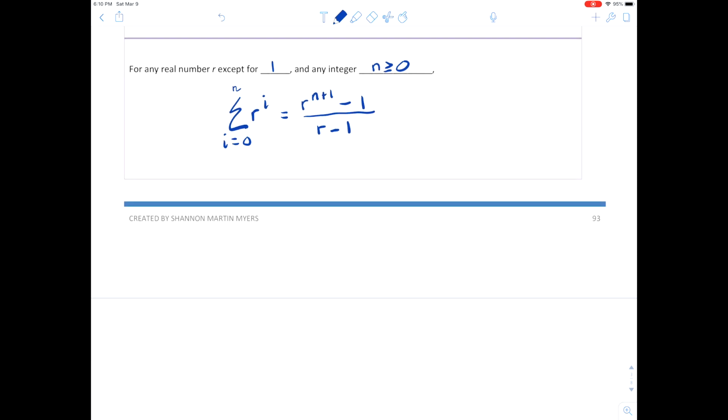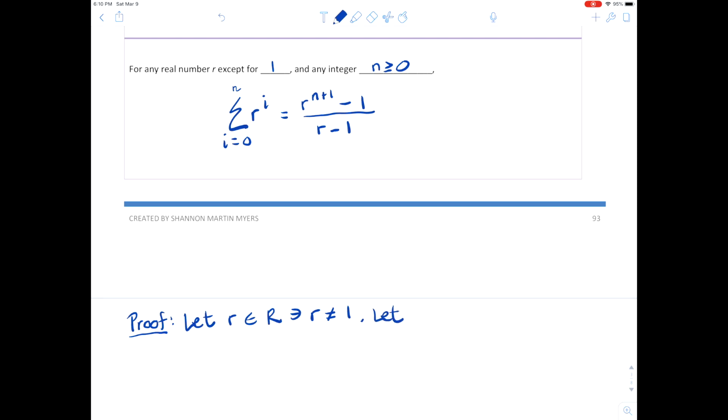So let's prove this. To start out our proof, we need to identify what r and n represent. So let r belong to the real numbers such that r is not equal to 1.